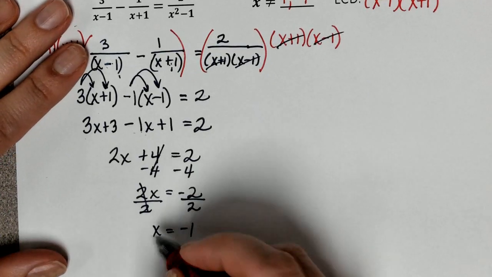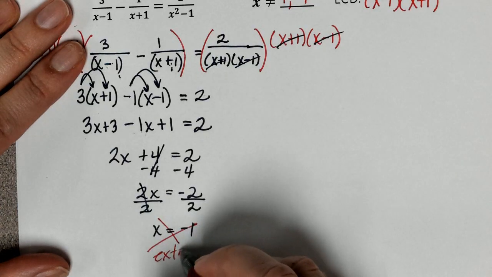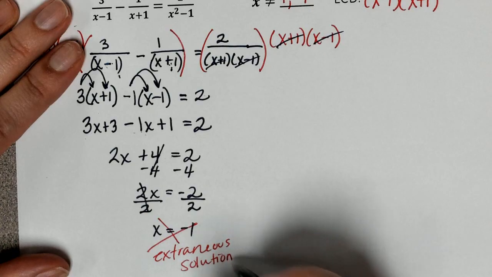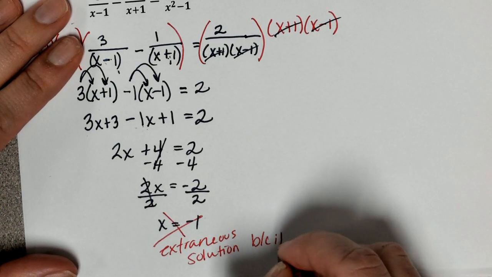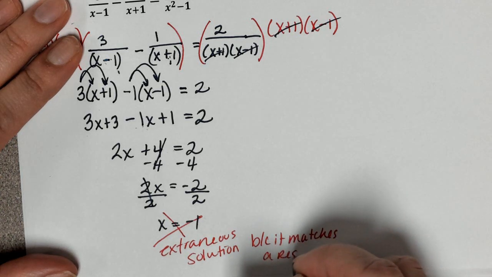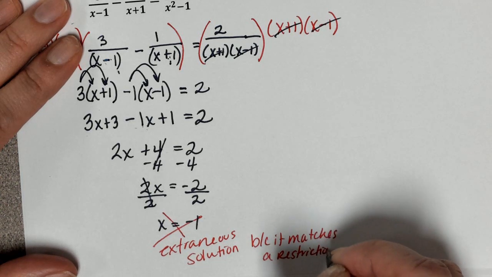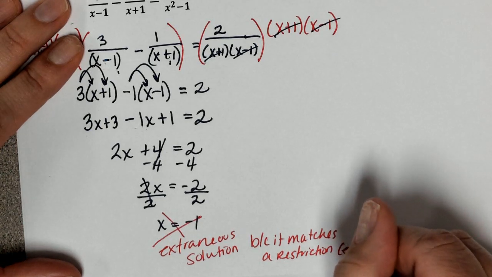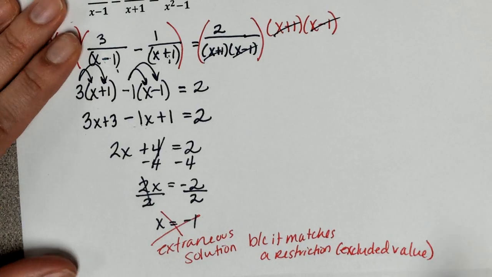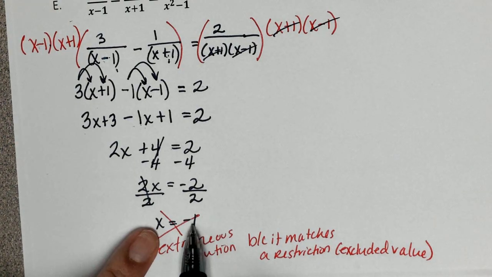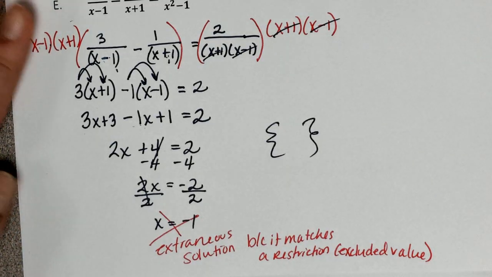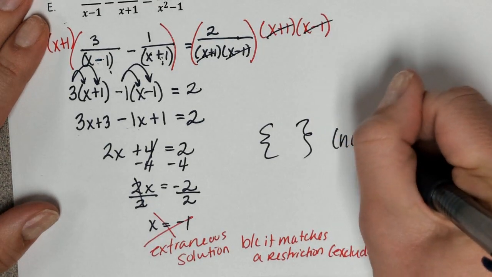So that means that this is an extraneous solution, because it matches a restriction, or another word for that is an excluded value. So it was my only answer, and I couldn't use it, so that means nothing goes in my solution set. This one has no solution.